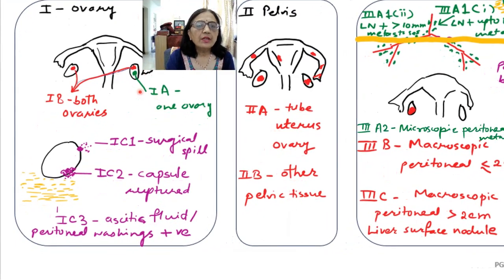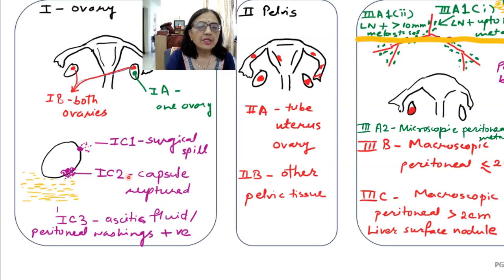Stage 1A is when it is limited to the ovary and only one ovary is affected, whereas stage 1B is when the tumor is in both the ovaries but there is no other extra-ovarian metastasis. For 1C, it is interesting to remember that it has 1C1, 1C2, 1C3. 1C1 is when we are operating and accidentally there is a rupture of the capsule, so surgical spill is C1.